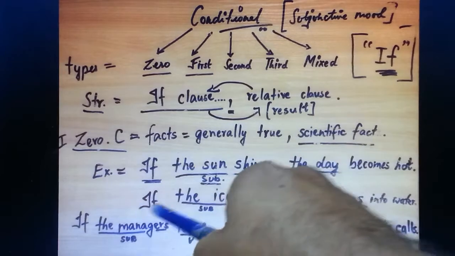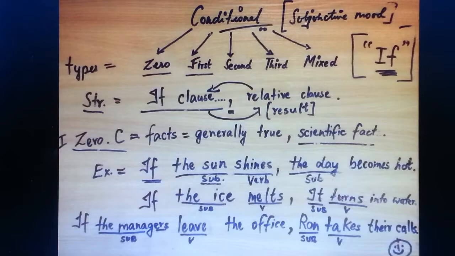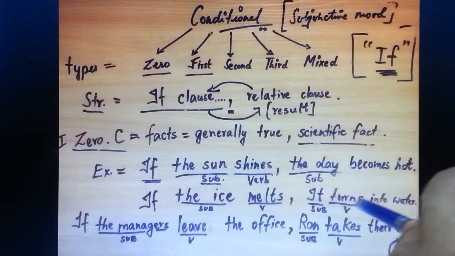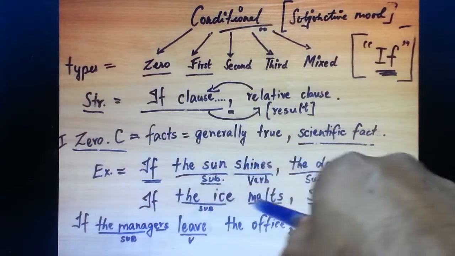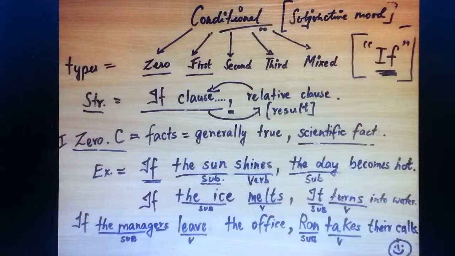If the ice melts, it turns into water. Now let's interchange. It turns into water if the ice melts. Now is that sentence correct or wrong? Well, I should tell you that it's slightly wrong. I'll tell you why. Because what is giving me a headache right now is this "it" here.